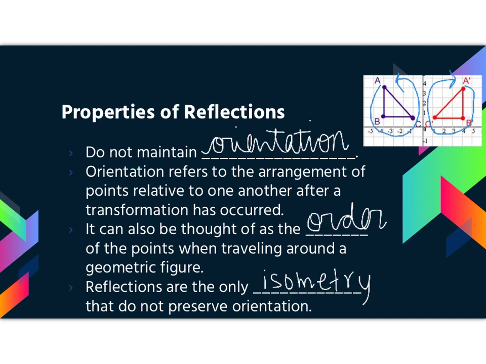So we go from moving counterclockwise to clockwise, and that's what we mean about the orientation not being maintained. If you know a rigid transformation has been applied, and you see that the orientation has changed, most likely you have a reflection. Because reflections are the only rigid transformation that don't preserve orientation.